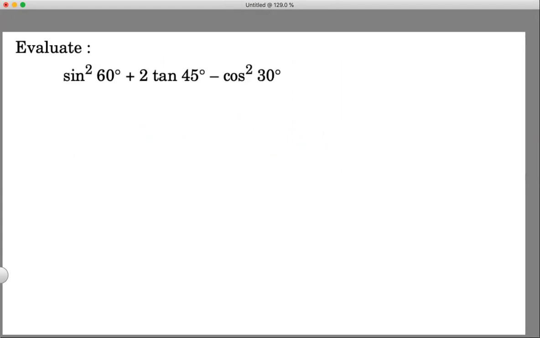Evaluate. Put the values straight away, just put the values, right?